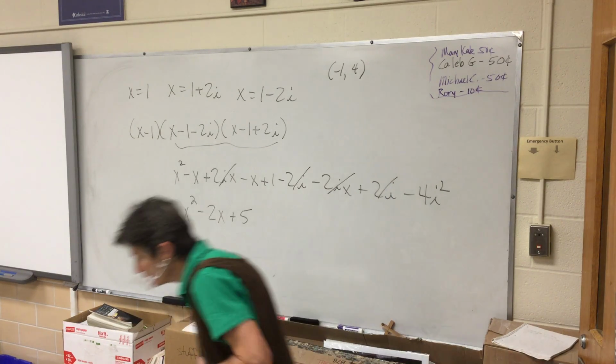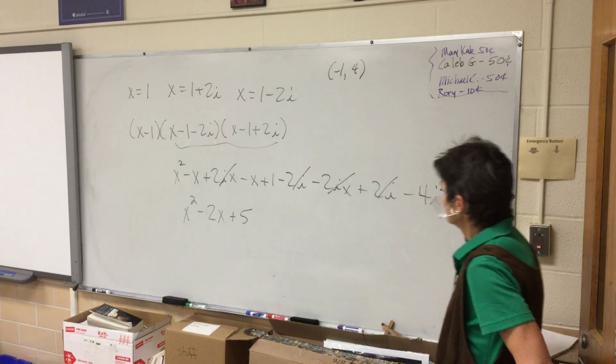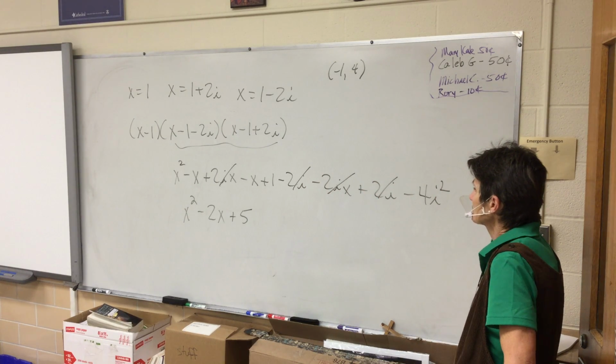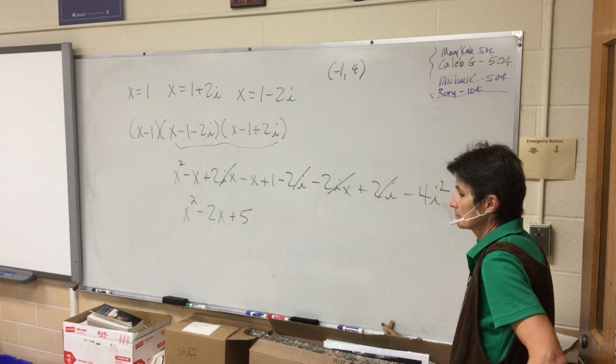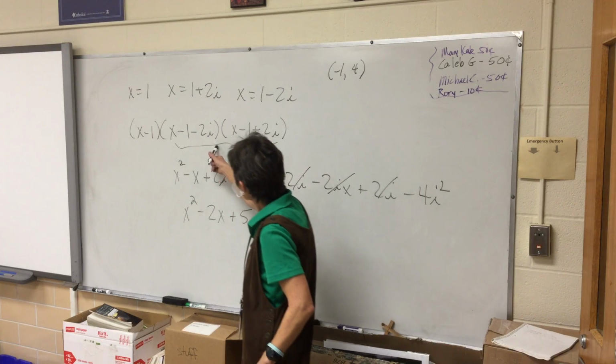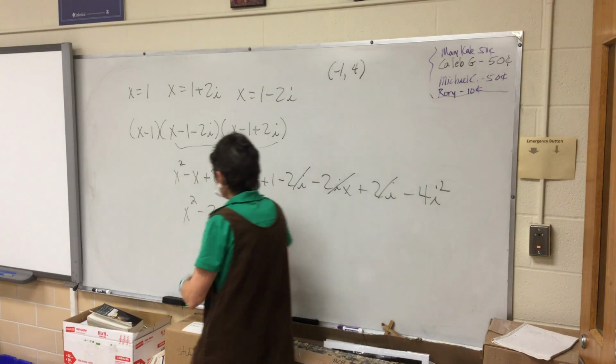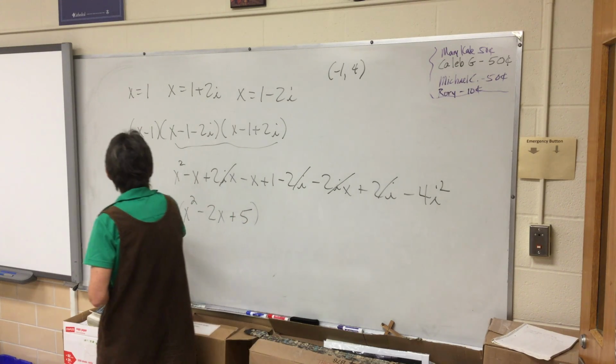I know you are. I'm worried about these guys. Anybody else FOIL this and get this? Like that? Okay, so now I'm going to go ahead and put that other one in.